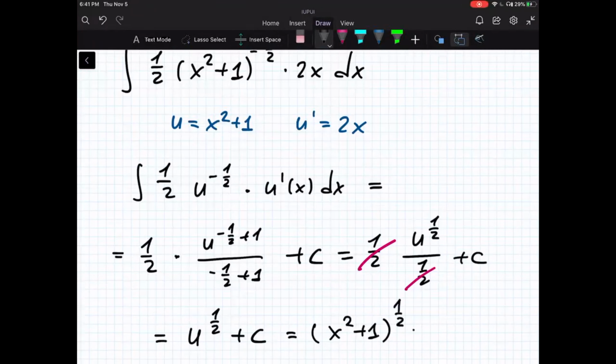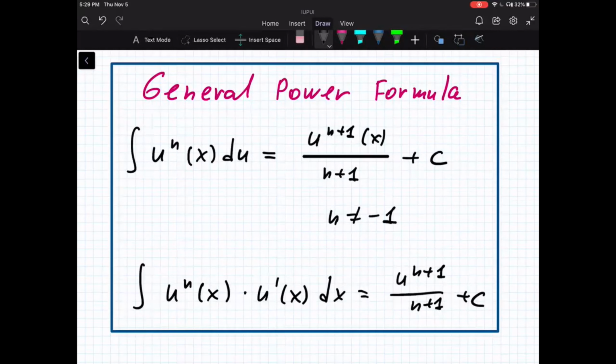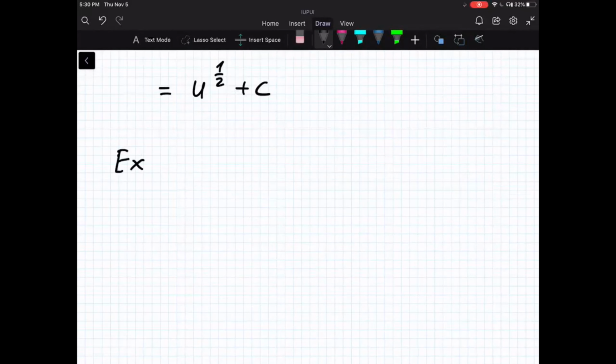The short form is the first one, but when you're trying to apply it, it's usually better to think about this formula in the second form. So let's do more examples. Example number 2.